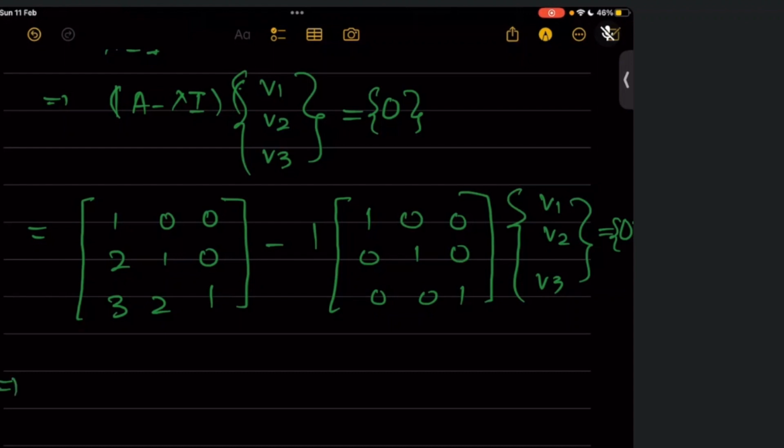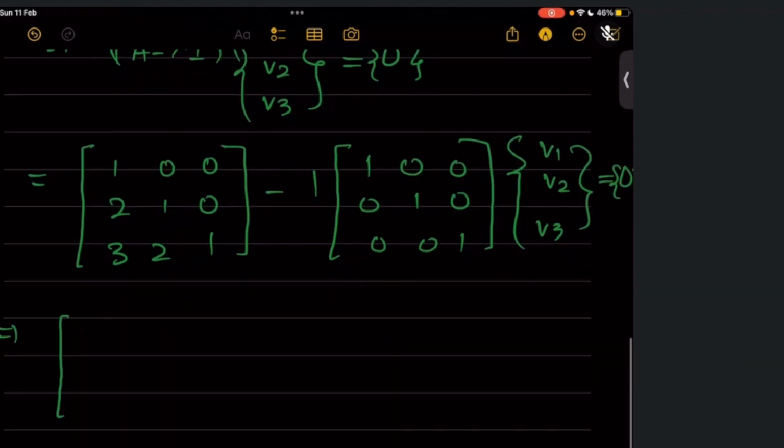So from here, this is coming out to be 0 0 0, 2 0 0, 3 2 0, into v1, v2, v3.